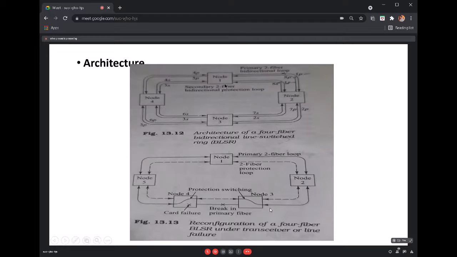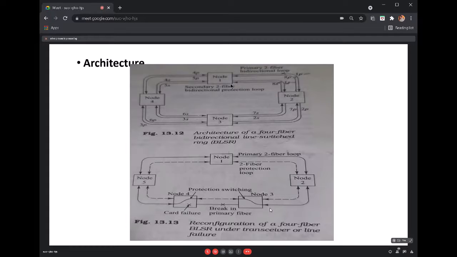Here you can see one more set: P is the primary, S is the standby, 1S, 2S, 3S, 4S, again 5, 6, 7 and 8. Like this, you have one more, which you call the standby link.